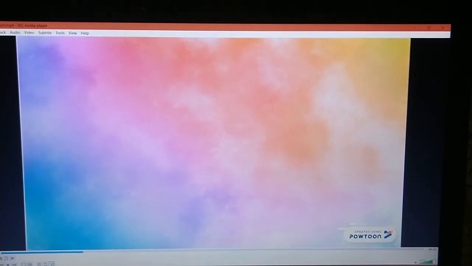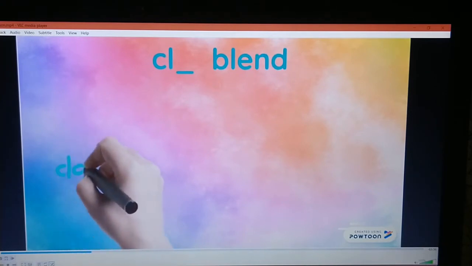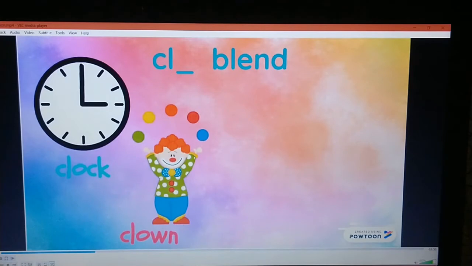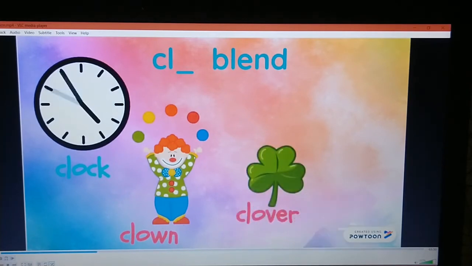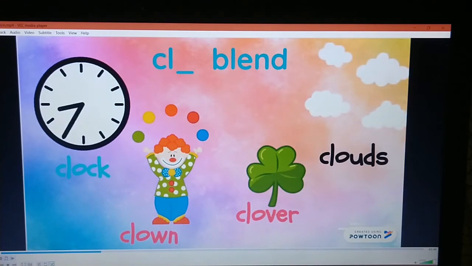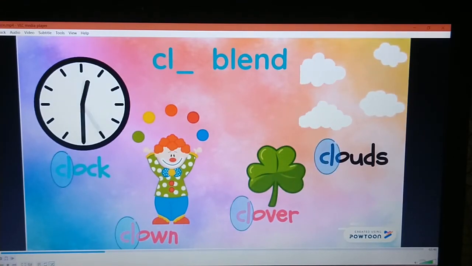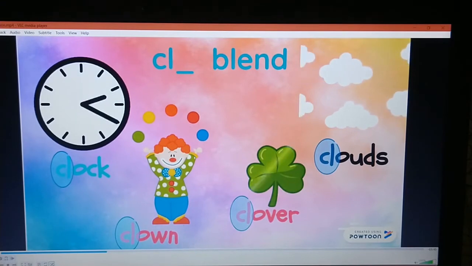The next blend we have now is CL, cla, clock, clown, clover, clouds.